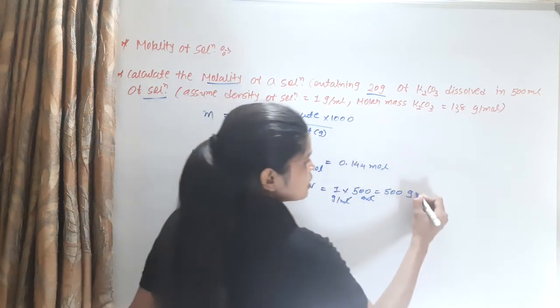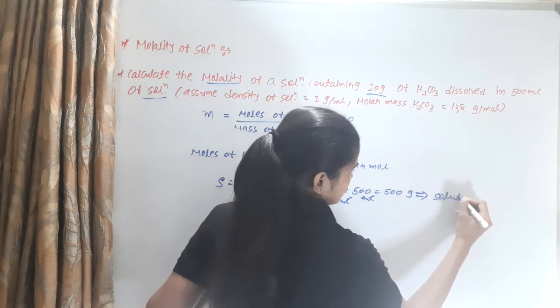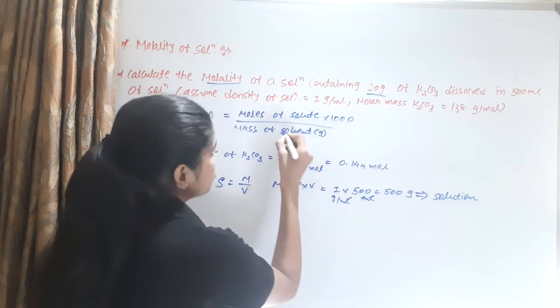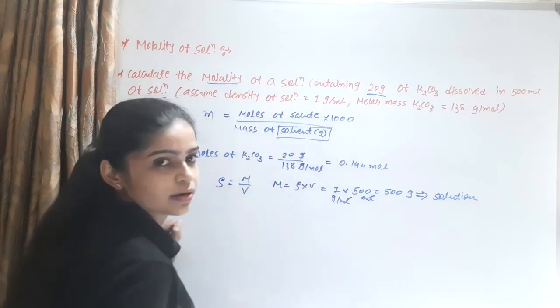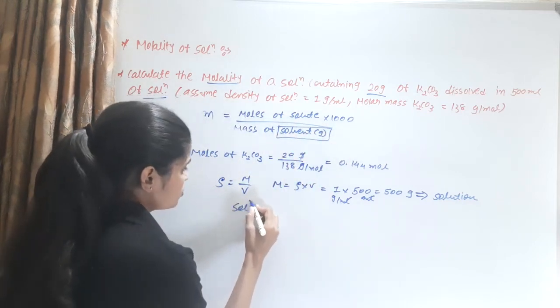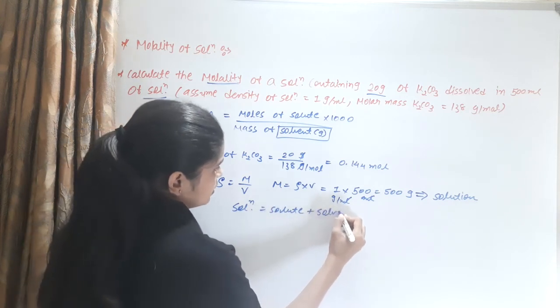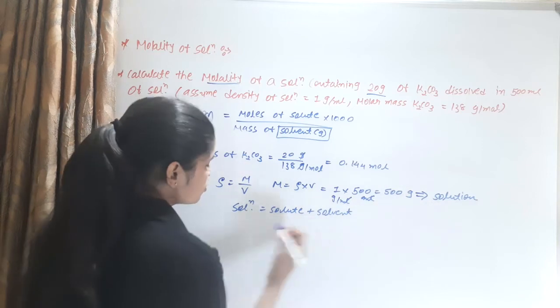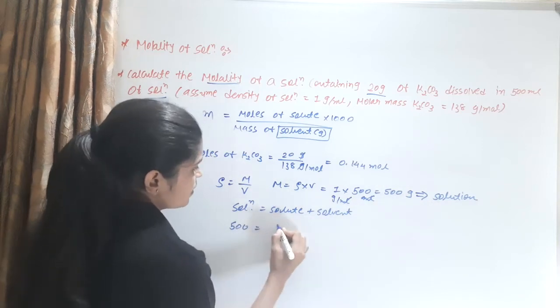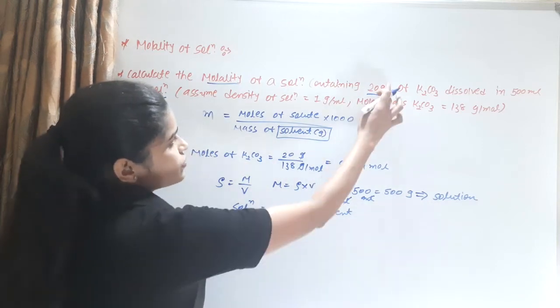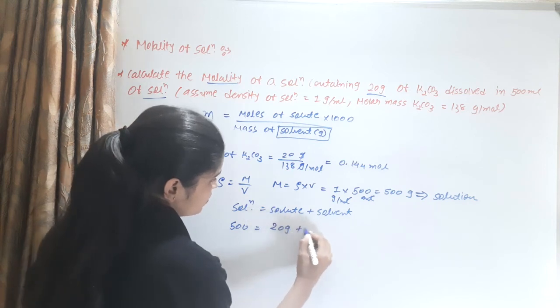But this is the value of the solution, and we need to find the value of the solvent. We know that solution is equal to solute plus solvent. Solution value is 500 gram, the solute value is 20 gram, plus solvent.